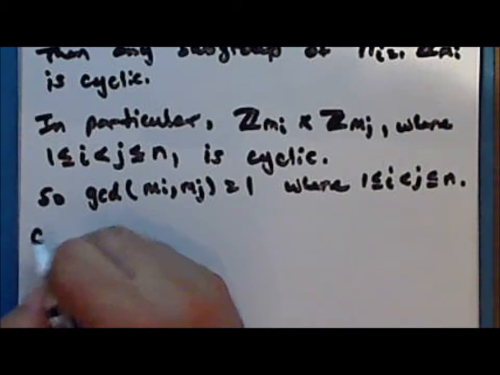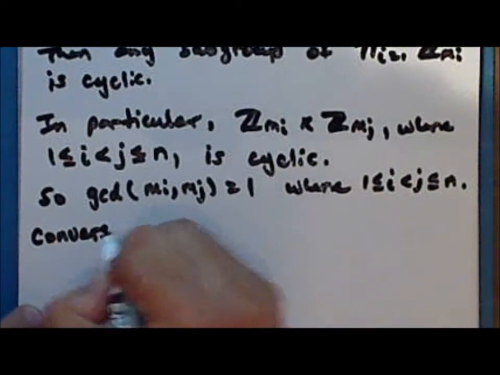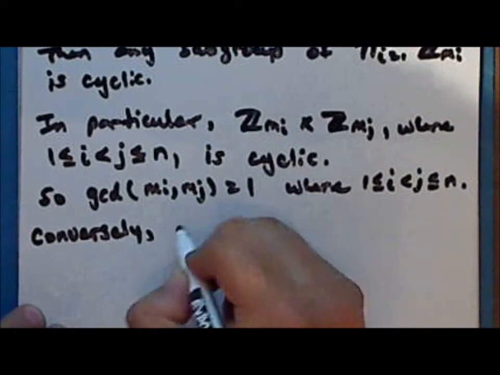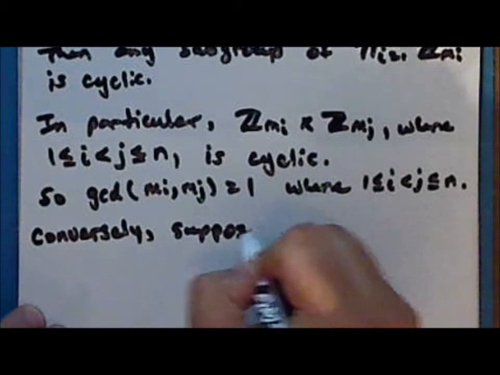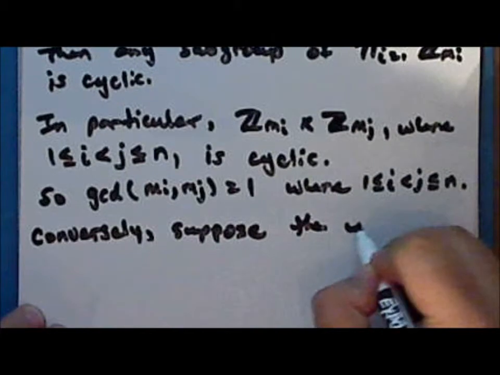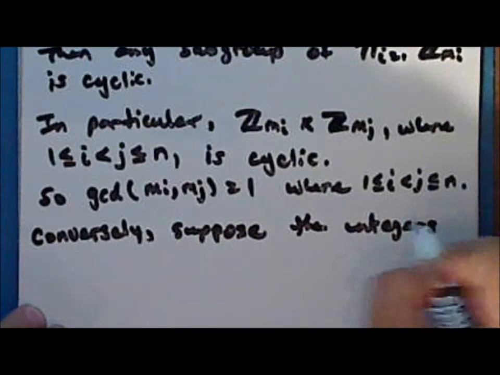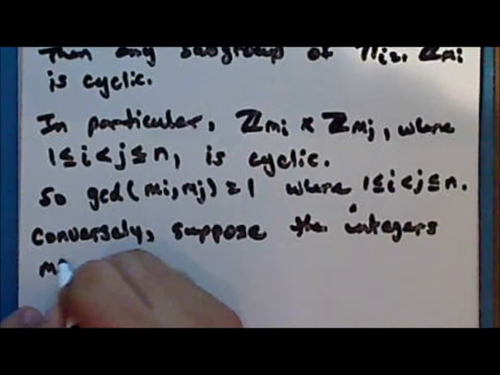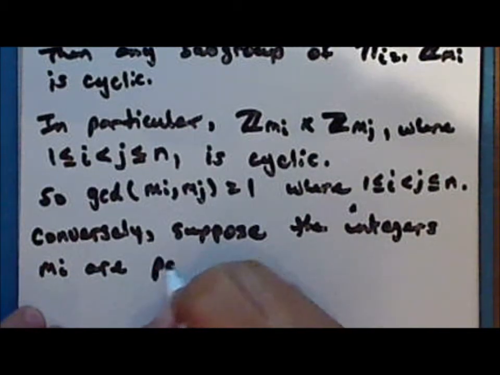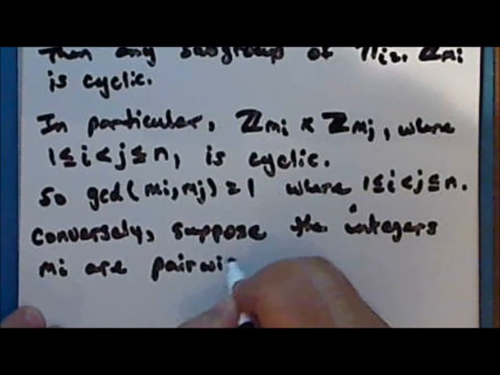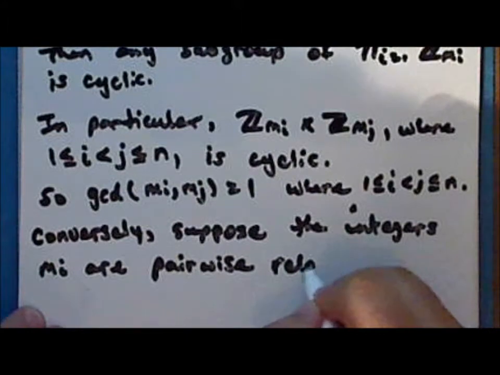So conversely, suppose the integers m sub I are pairwise relatively prime.